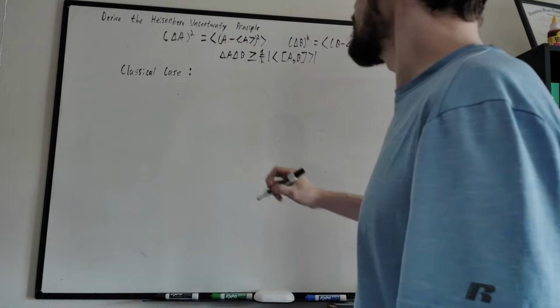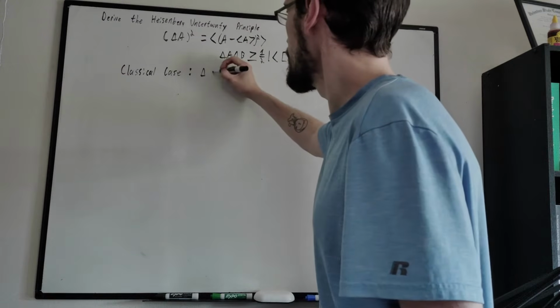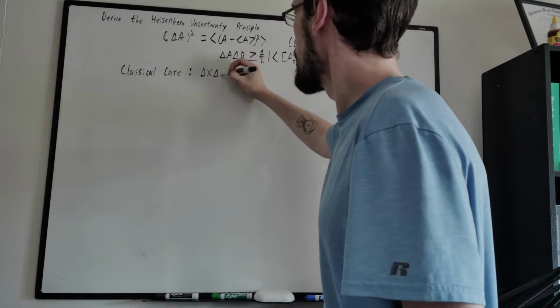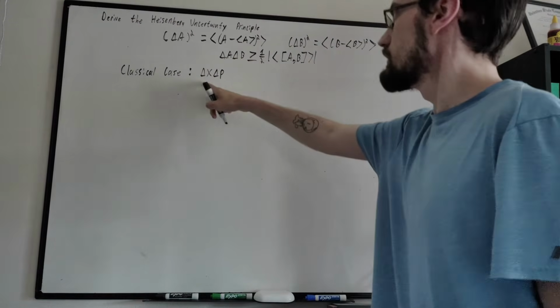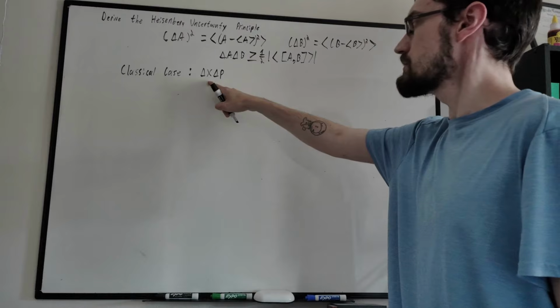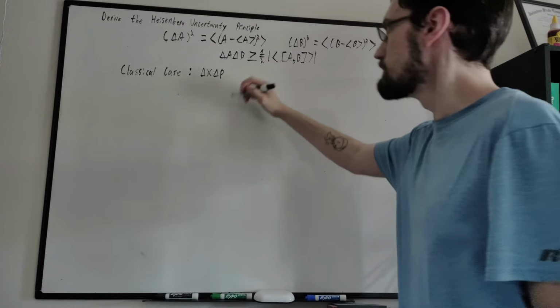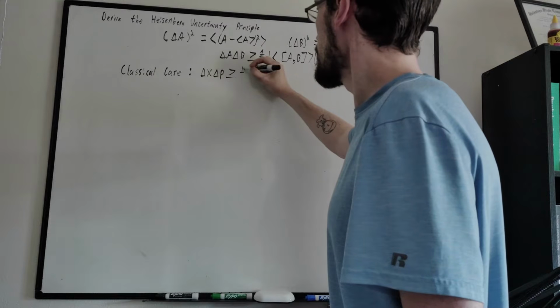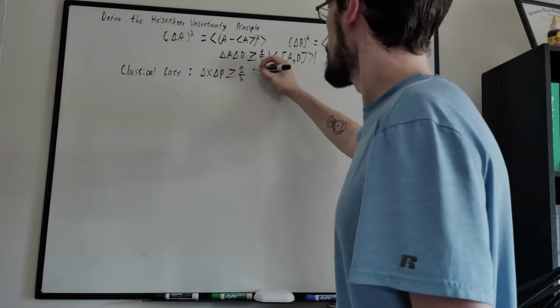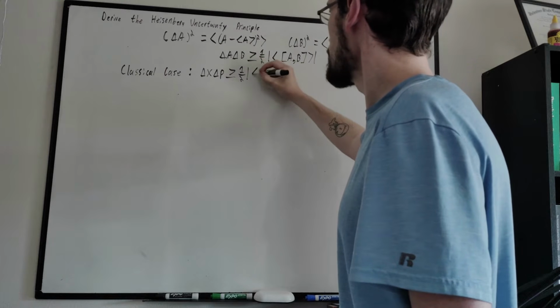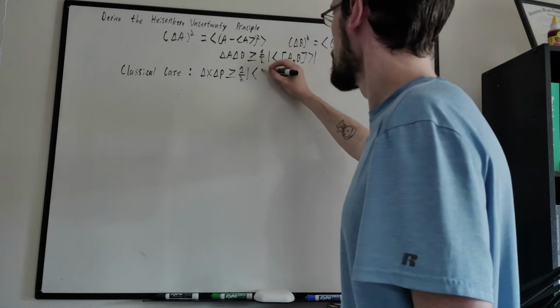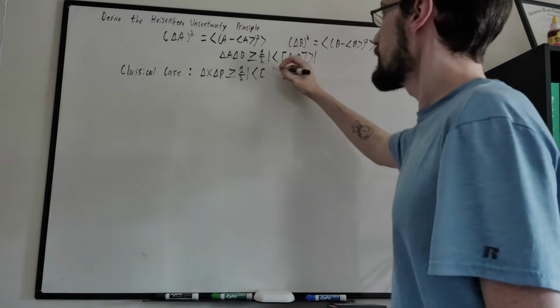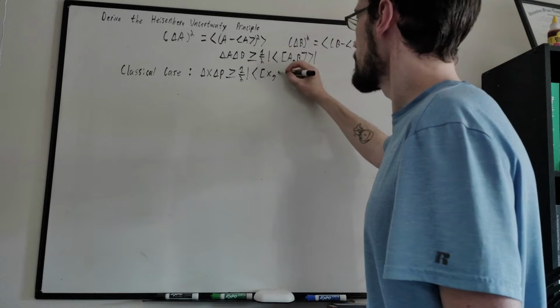We want to find out what delta x and delta p are, the change in position with the change in momentum. Well, this would be greater than or equal to 1/2 the modulus of the expectation value of the commutator for position and momentum.